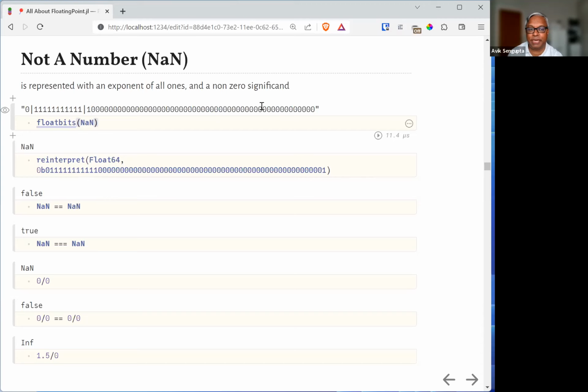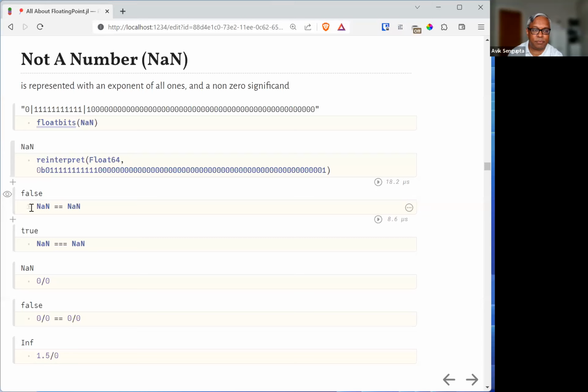If one or more of these bits are 1, it'll all be not a number, which means that there are lots of not a number representations in IEEE floats. It's not just one number which is not a number. There are, in fact, millions of numbers which can be represented as NaNs.